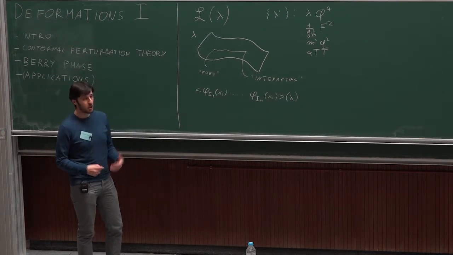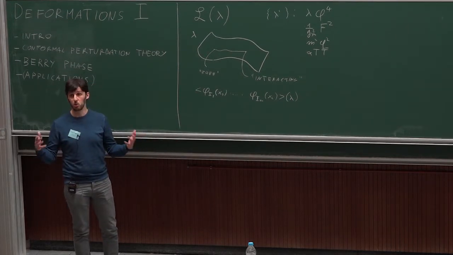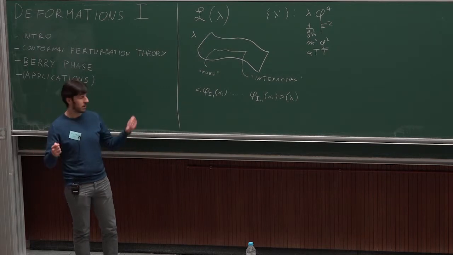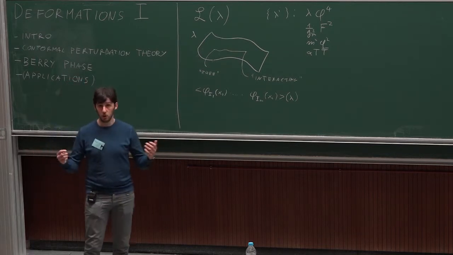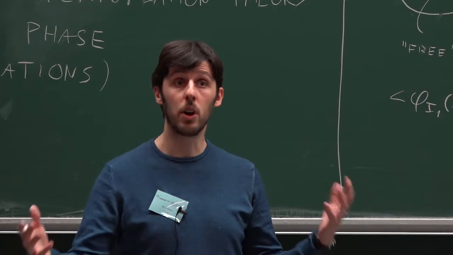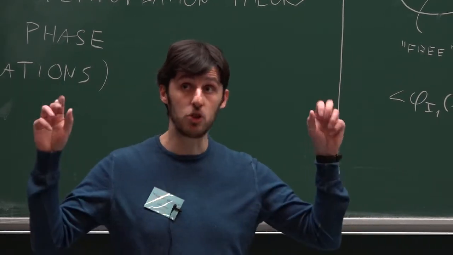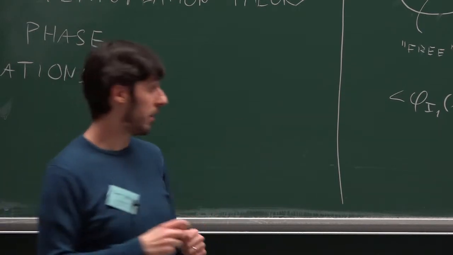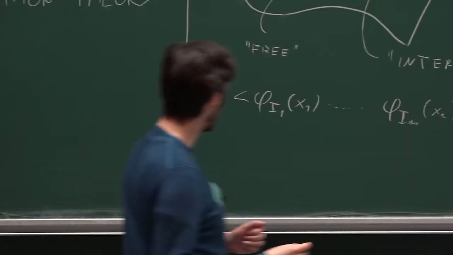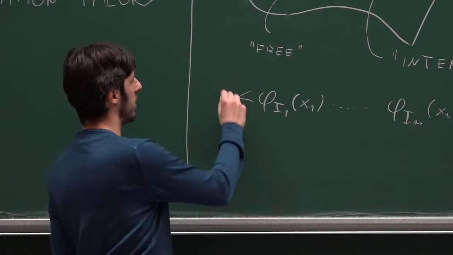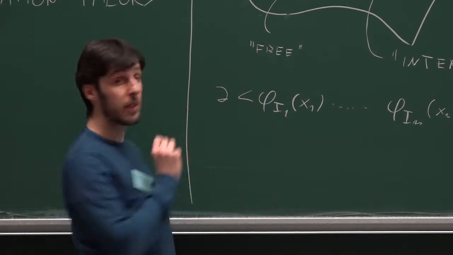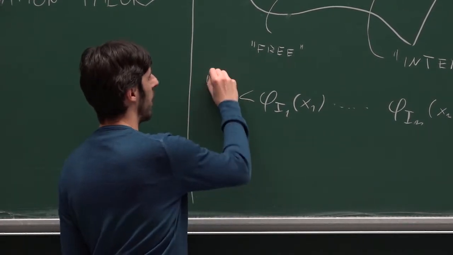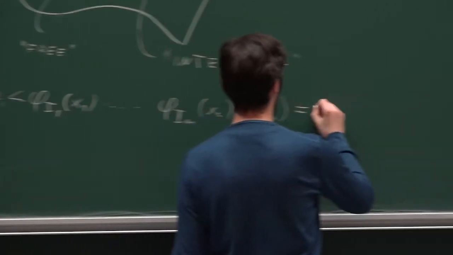And when you do holography, you want, for example, to test the duality. So maybe you want to compare quantities that do not change in some sense as we change the coupling constants, or protected quantities. So you would like to find things such that the derivative with respect to the coupling constant is 0.